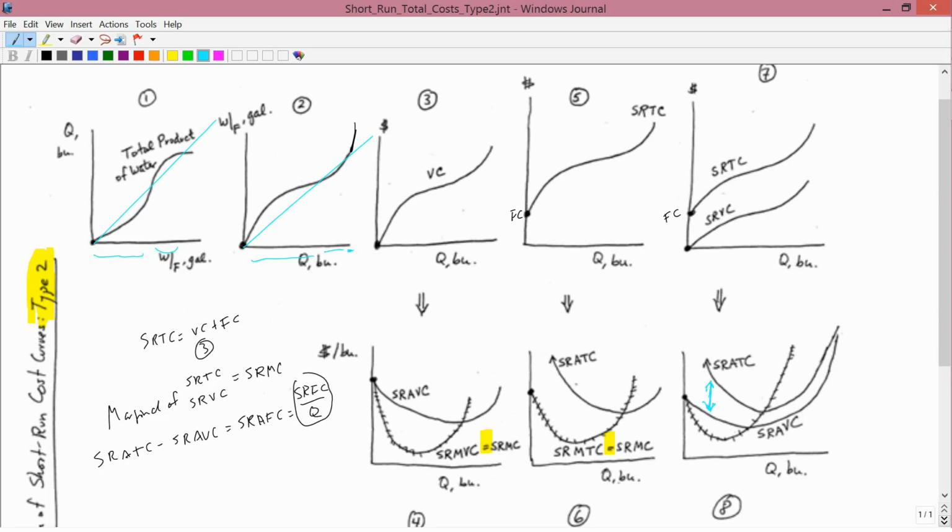This is the length of this gap, and as Q goes to infinity, that goes to 0, and so that gap gets smaller and smaller and smaller as you go from left to right. All right, so in the next video we'll do in detail the average and marginal.